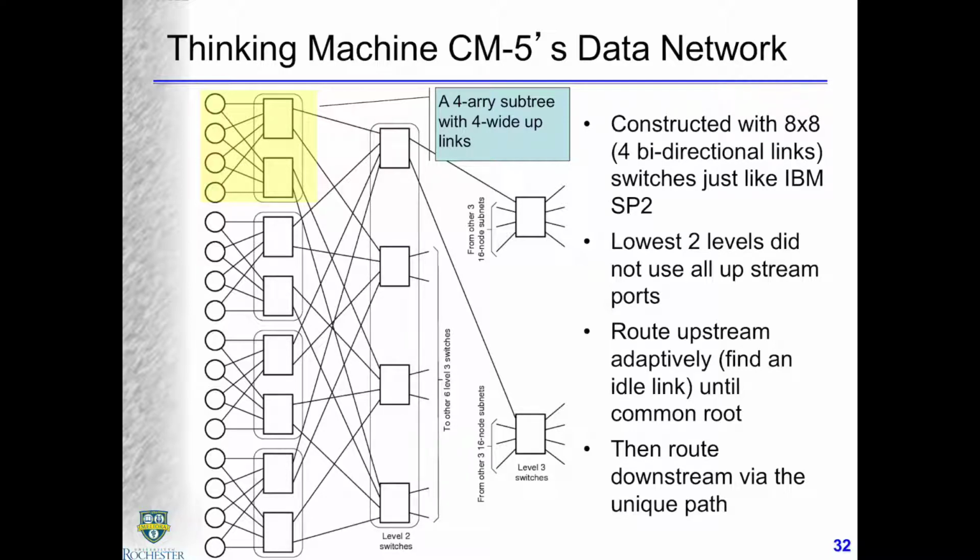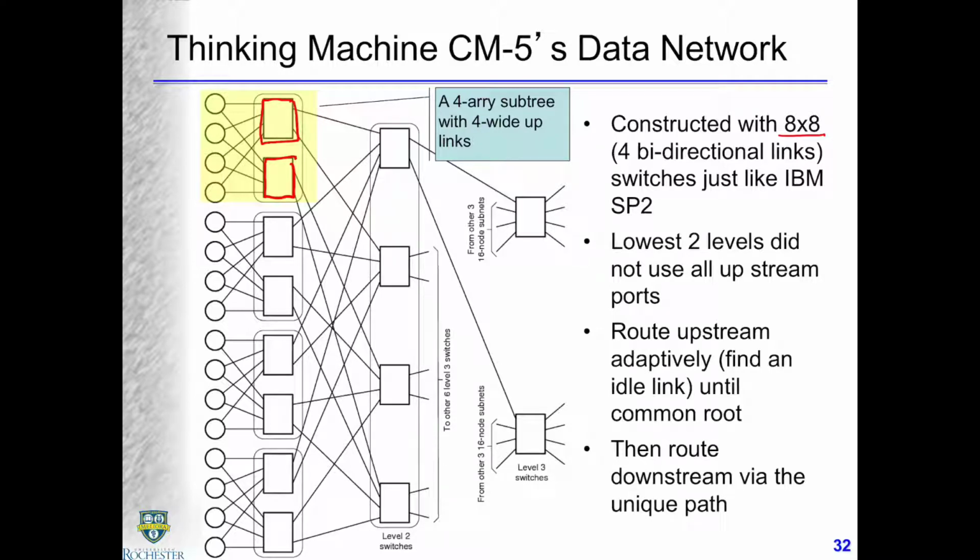Here is somewhat similar, but they connect it slightly differently. But it's also a butterfly, or folded clos rather. It's a fly. It's the same type of switch, 8x8, 4 bidirectional links, or eight ports. They use these types of machines. All these boxes that you're seeing over here are 8x8 routers.